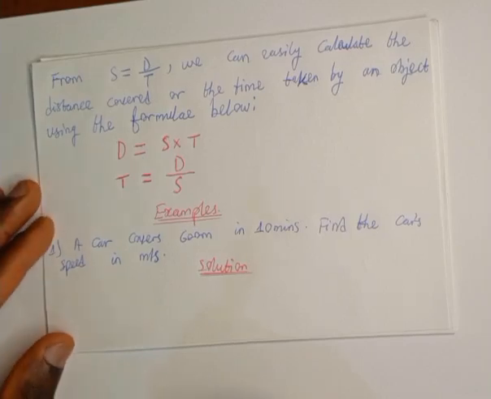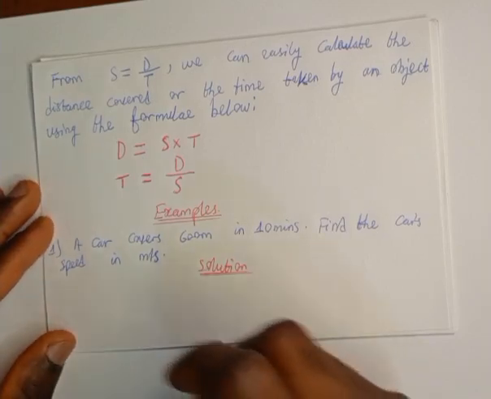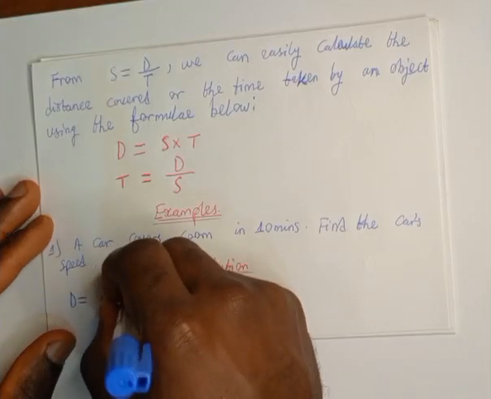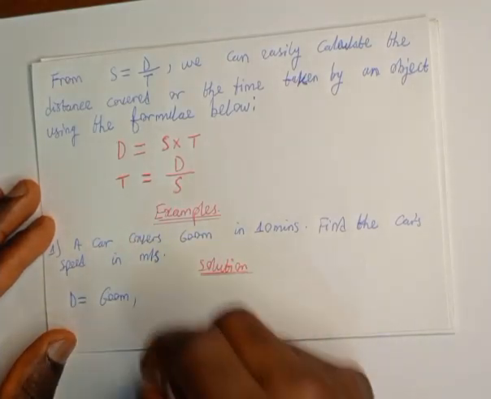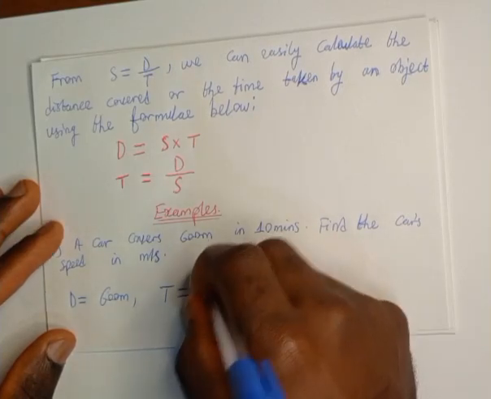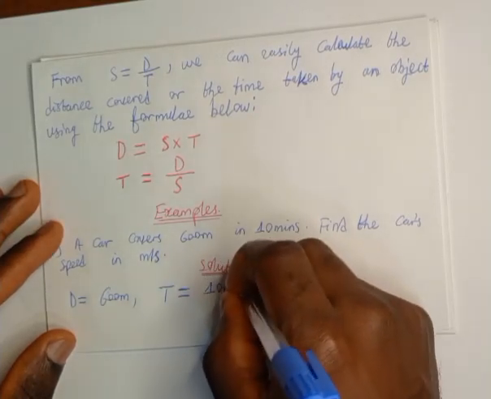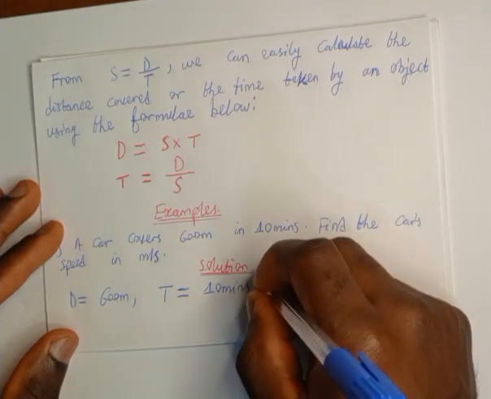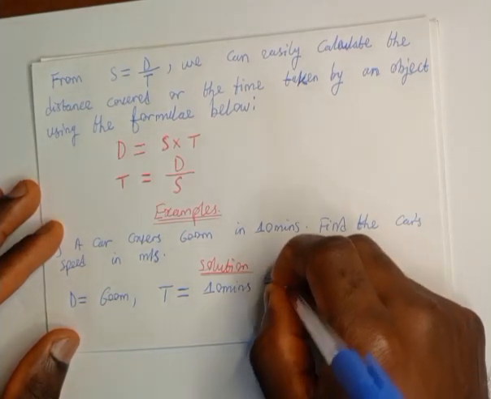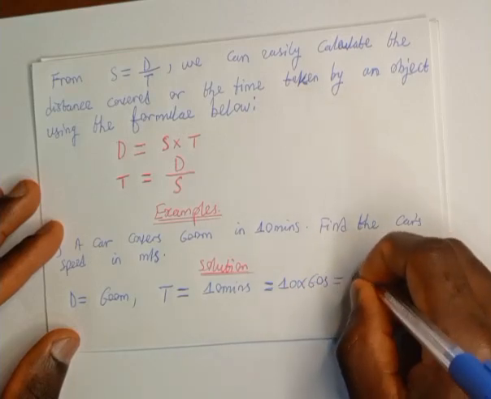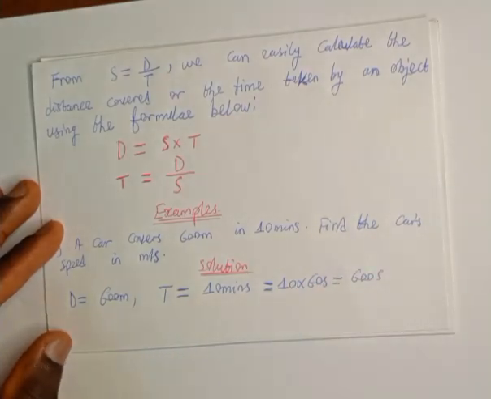From the given problem, a car covers a distance of 600 meters. The time taken is 10 minutes. We know 10 minutes in seconds is simply equal to 10 times 60 seconds, which is 600 seconds.